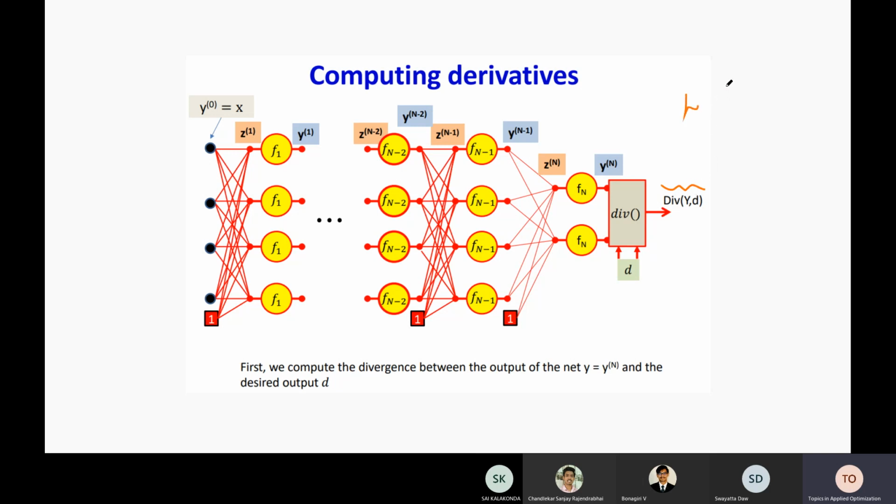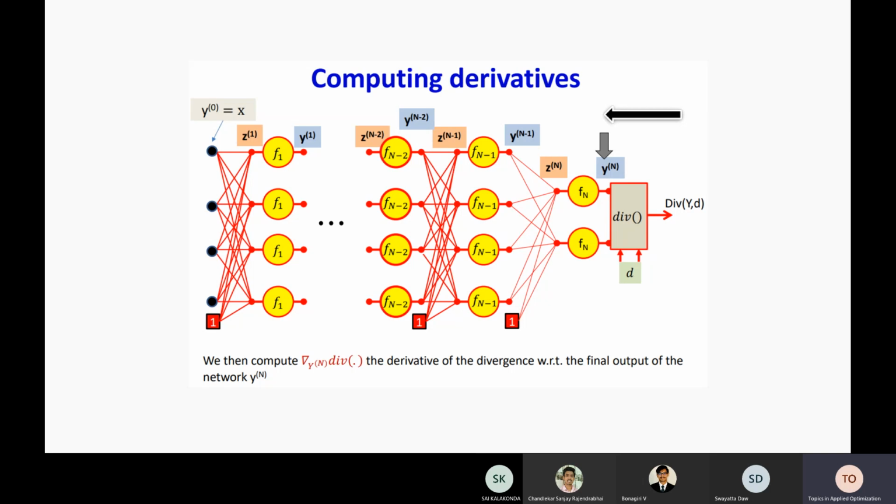It's similar to what we used before: capital L, and then small l for the sample-wise loss. We want to compute the derivative of this loss function with respect to the weights, because our model is a model on the weights. That's the only tunable parameter we have in hand, and we want to minimize our loss.